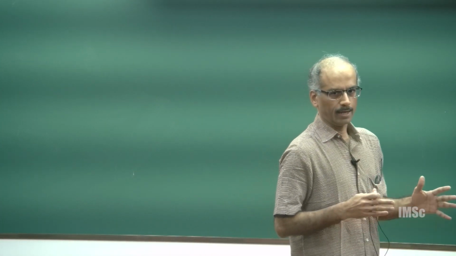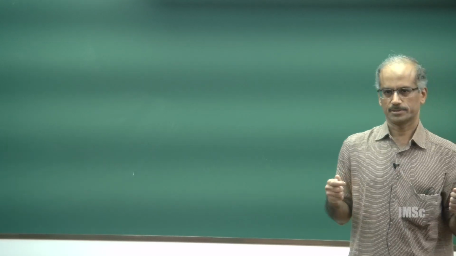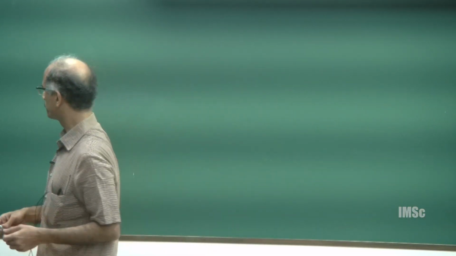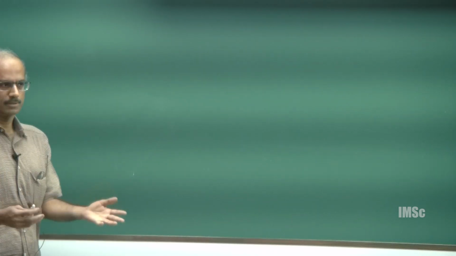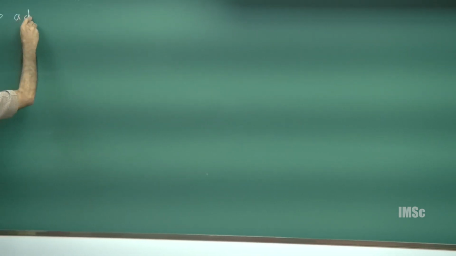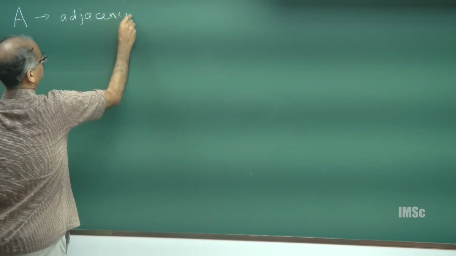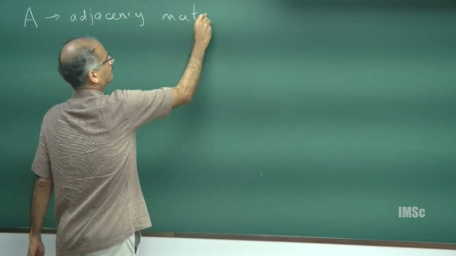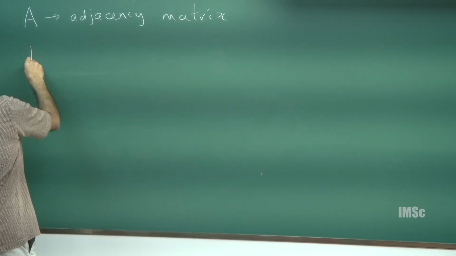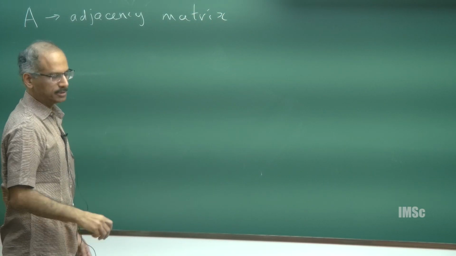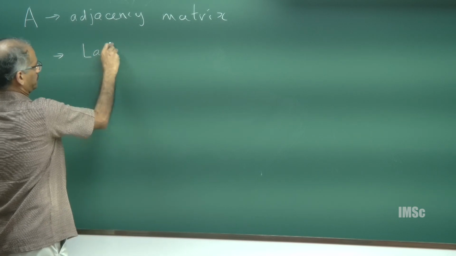And so clearly in this set of two lectures, we are going to deal with matrices. There are two kinds of matrices that I am going to deal with in the context of complex networks again. One is what we call the adjacency matrix, and the other is what's called the Laplacian matrix.